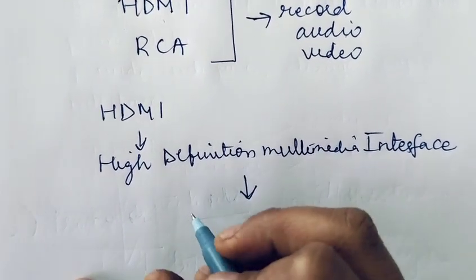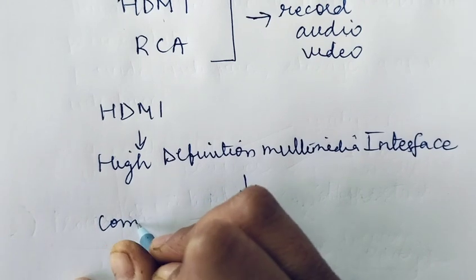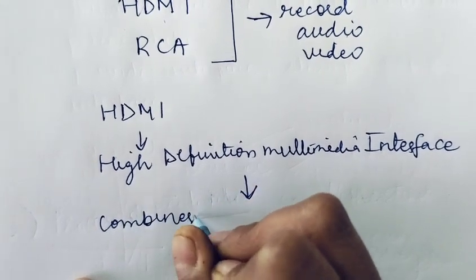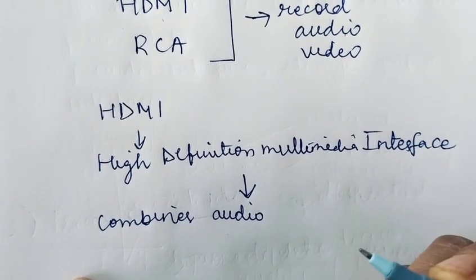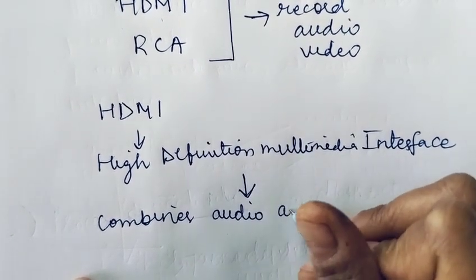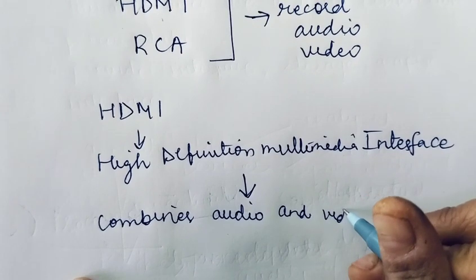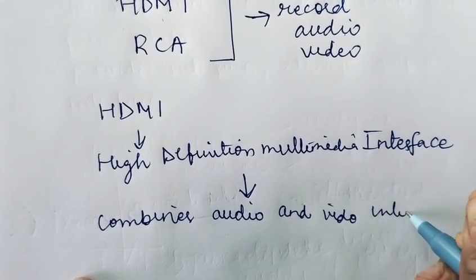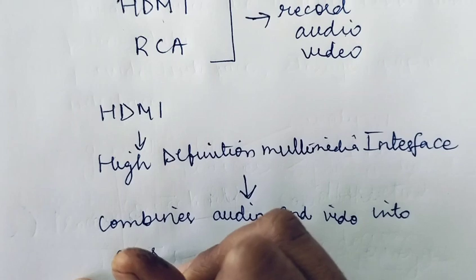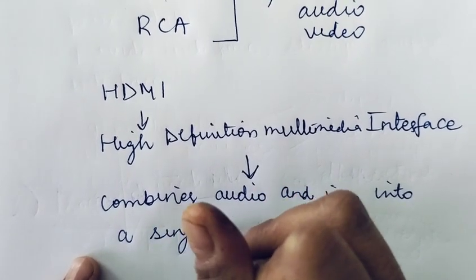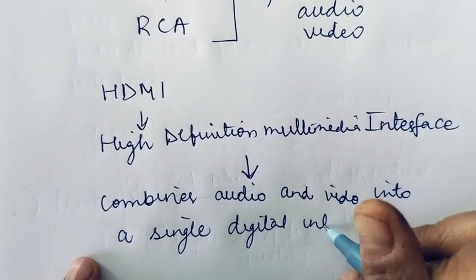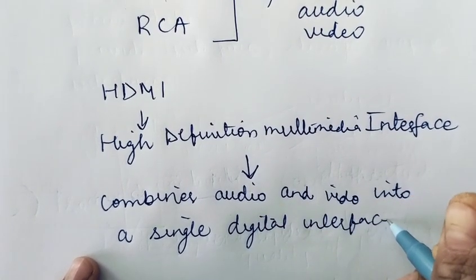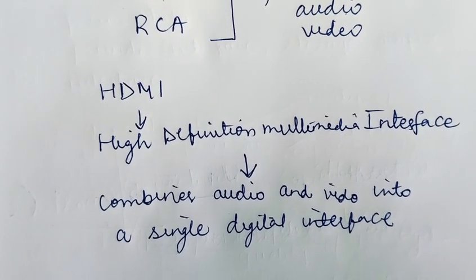The functionality of HDMI is that it combines audio and video into a single digital interface, so that you don't have to use separate interfaces for the audio and video data.